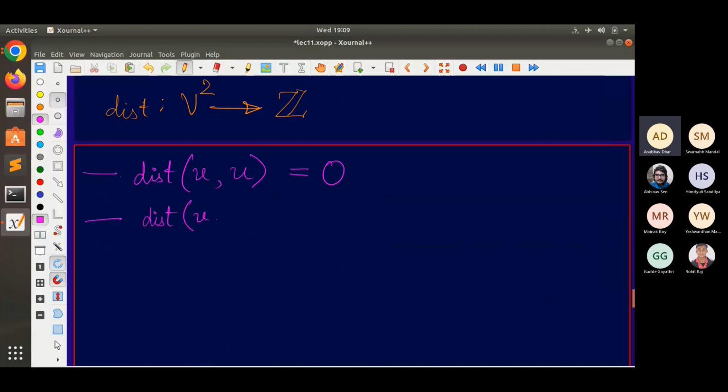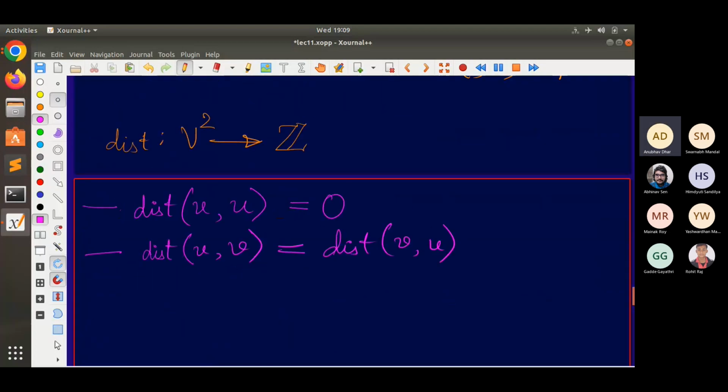The second property is that distance between u and v is equal to distance between v and u. So for this property to hold true, we will be assuming undirected graphs.